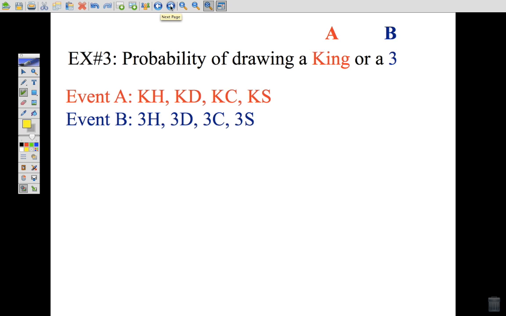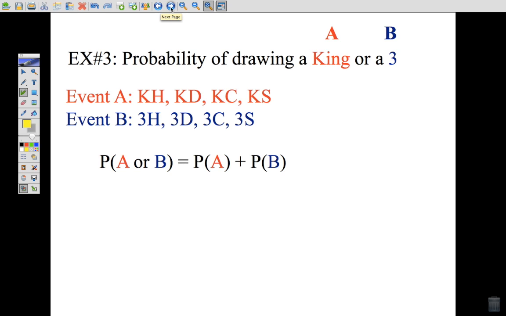How many kings are there in the whole deck? Well, there's 4. King of hearts, king of diamonds, king of clubs, king of spades. Event B is drawing a 3. How many 3s? Well, there's 3 of hearts, 3 of diamonds, 3 of clubs, 3 of spades. What we clearly see is that there are not any members of set A that are also in set B. So we're calculating the probability of a disjoint event, A or B.